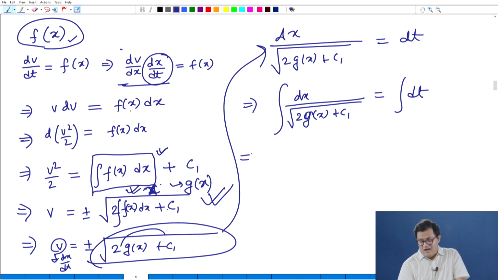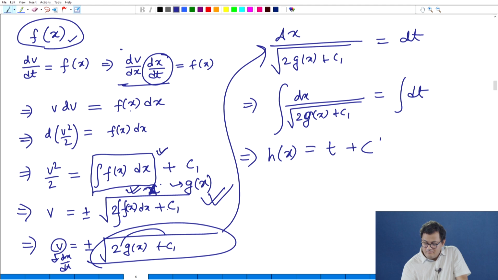You can finally have some function, let me be mathematically correct, some function h of x, which is equal to t plus c prime, another constant of integration which comes here.